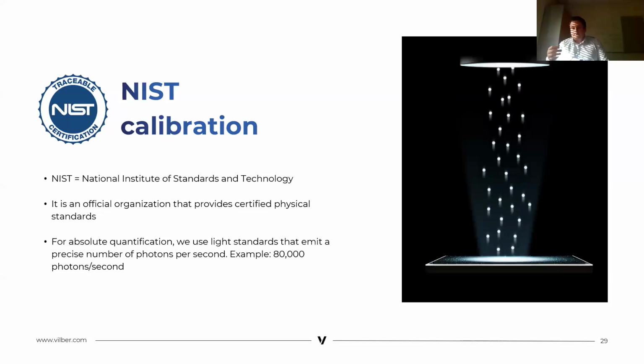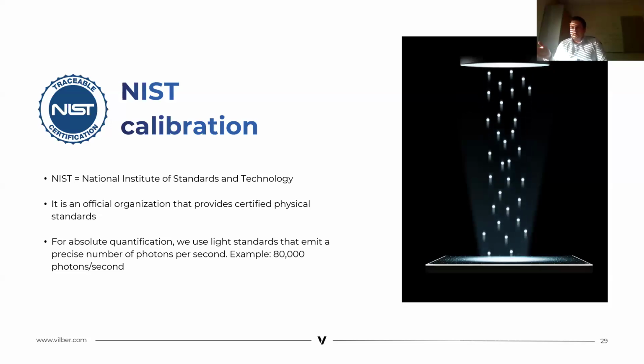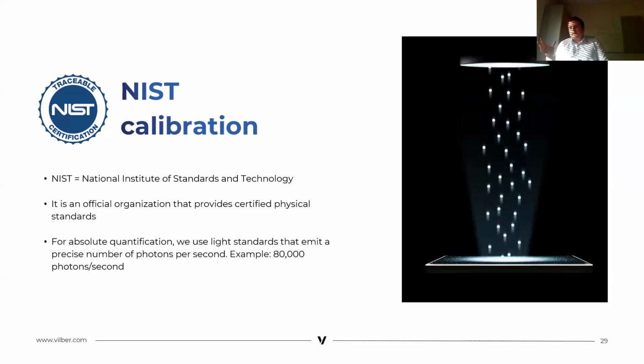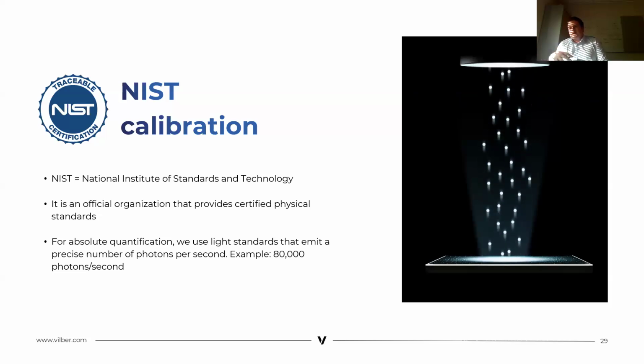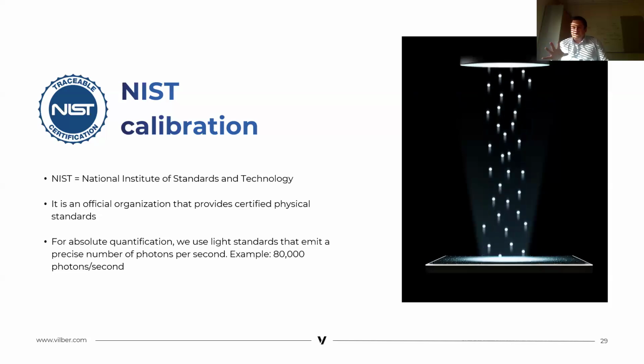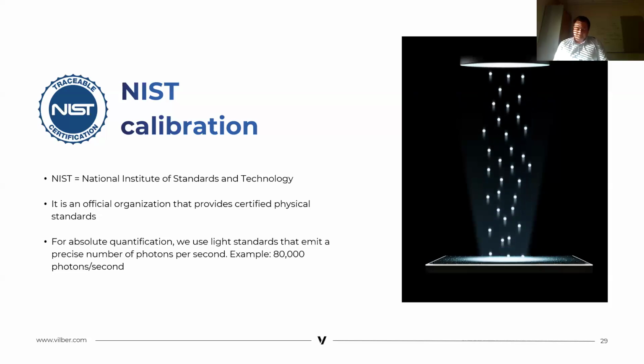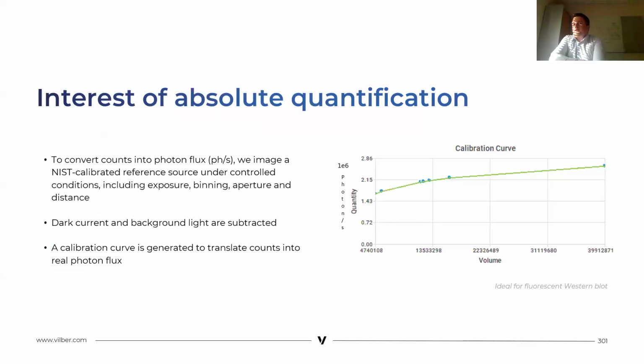For example, we use a reference that can emit exactly, for example, 80,000 photons per second, and ensures accurate and reproducible measurements. The interest of absolute quantification is to convert counts, so counts are like gray level, into photon flux.